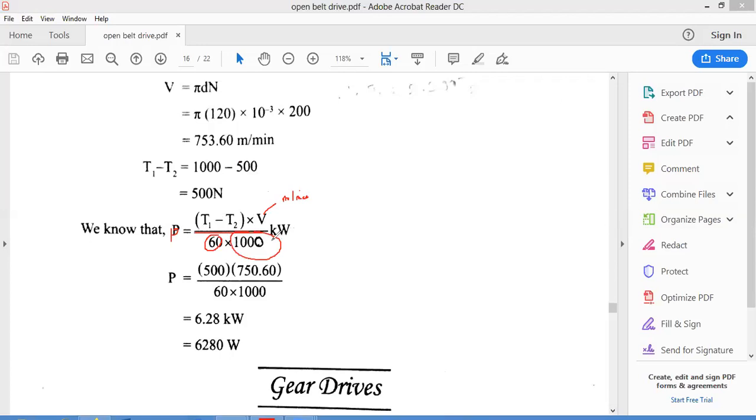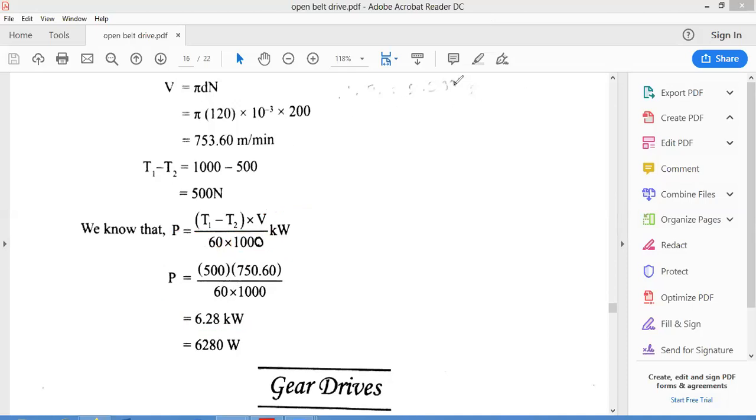If we don't divide it by 1000, we'll get it only in watts. Okay, so T1 minus T2 is 500. Velocity of the belt is 750.6 meters per minute, divided by 60 into 1000. So we'll get 6.28 kilowatts, the power transmitted by the belt drive. Right, so this is how we are going to find the power transmitted for a particular belt drive system.